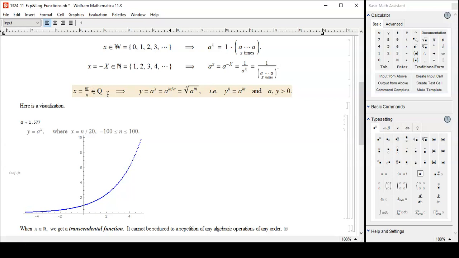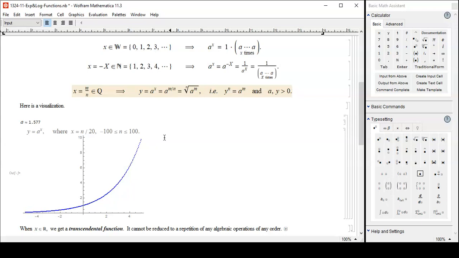There are infinitely many rational numbers, so I selected only a few, n over 20, where the numerator is negative 100 to positive 100, which means 100 dots on the left-hand side, and 100 dots on the right-hand side. And at the y-axis is 1, so I have 201 dots. And you see a lot of gaps, right? That's because I have only a small number of dots.